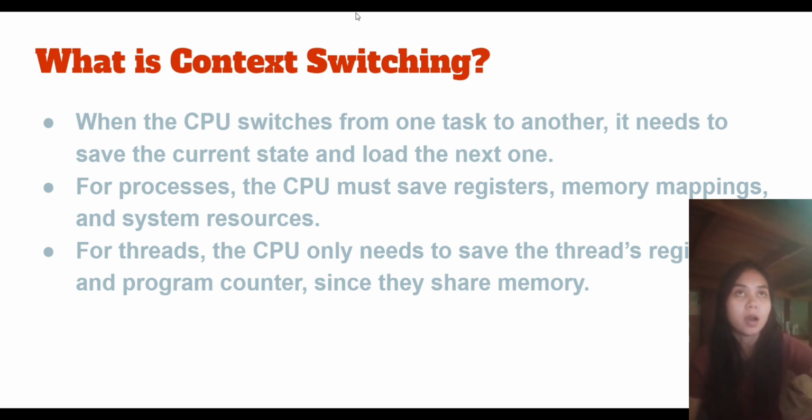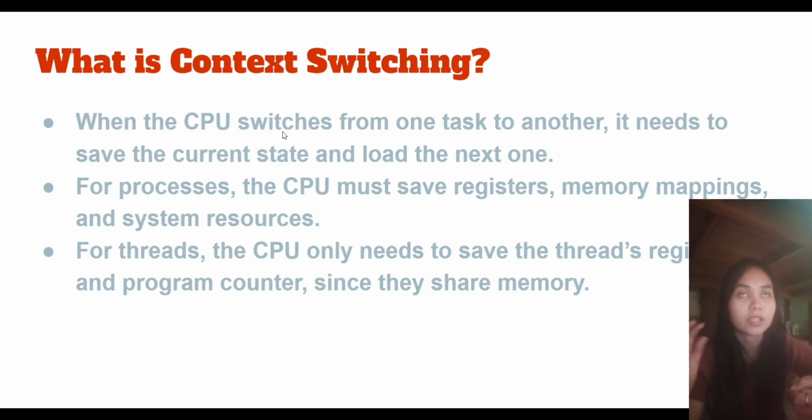So, importante yung context switching for many reasons. First is multitasking. So that, for example, you can browse the web, you can listen to music, and you can also download a file at the same time. Next is responsiveness.